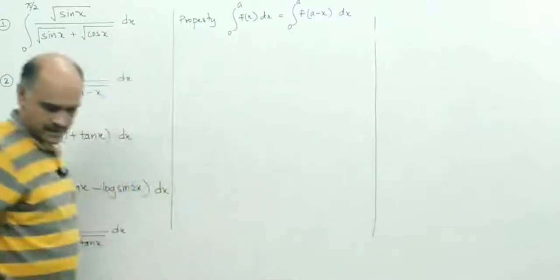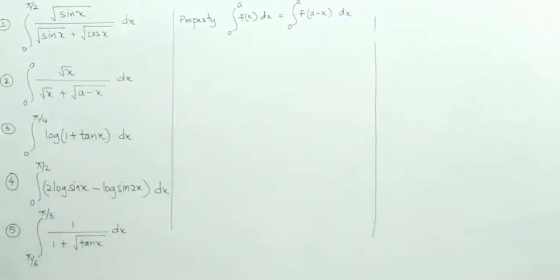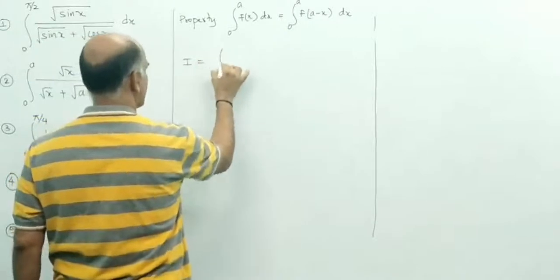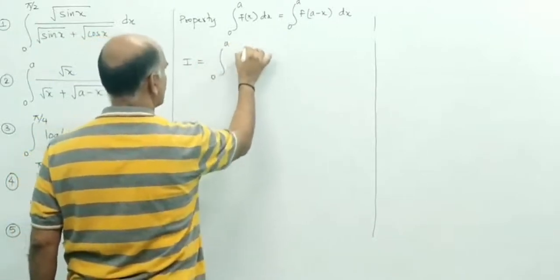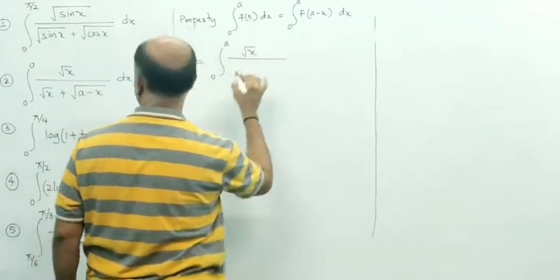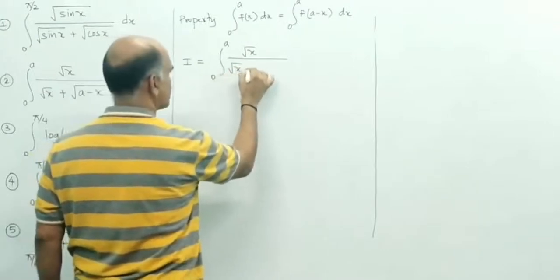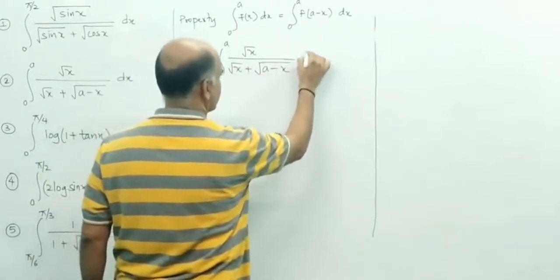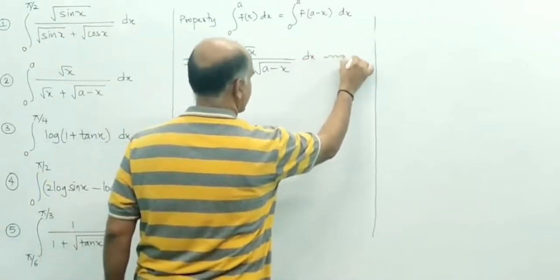So if I take second one, I is equal to 0 to a root x divided by root x plus root of a minus x dx. This I will take as 1.